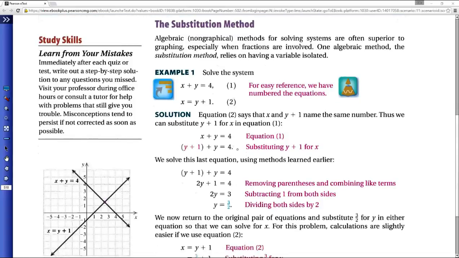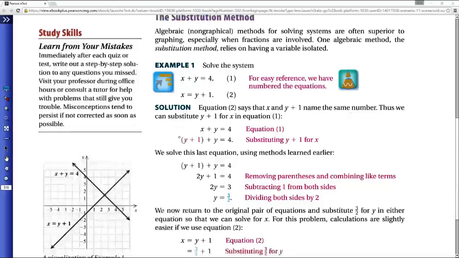The solution, using a substitution method, is if we solve one of the equations for a certain variable. In fact, they've already done this in equation number 2, and the reason they numbered these is for reference. It says that x and y plus 1 are the same number, or they're equal to each other, right?